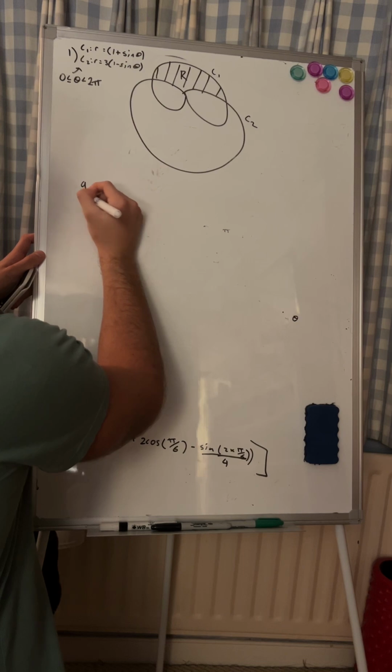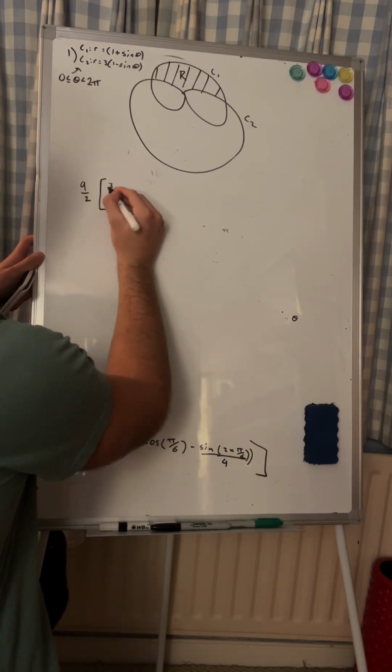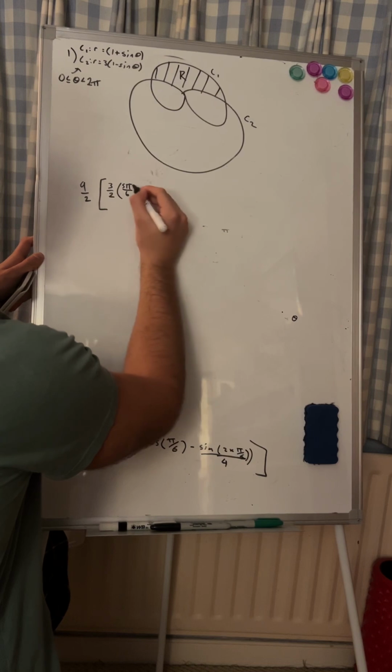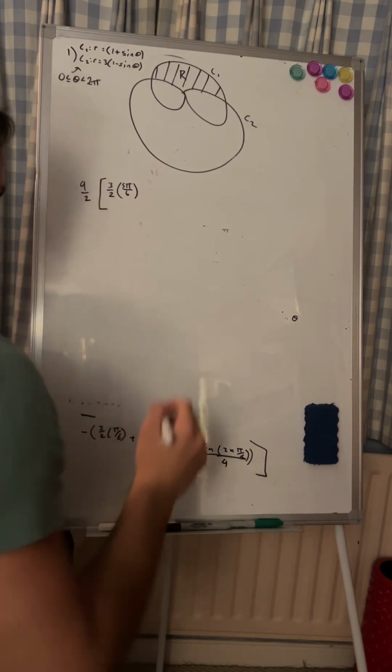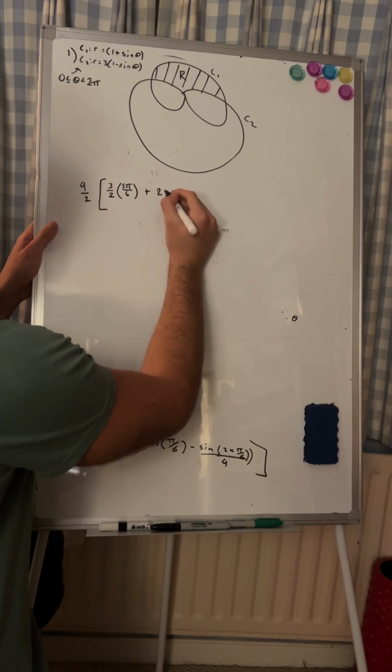It was 9 over 2 of 3 over 2 lots of 5 pi over 6. Sorry guys.